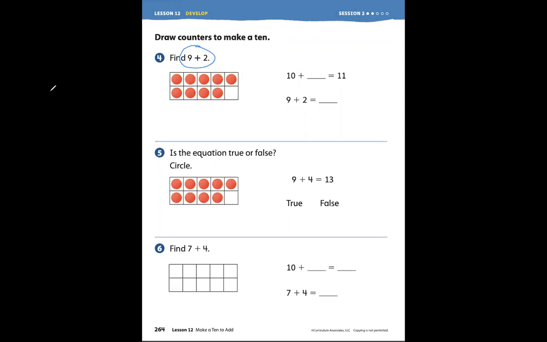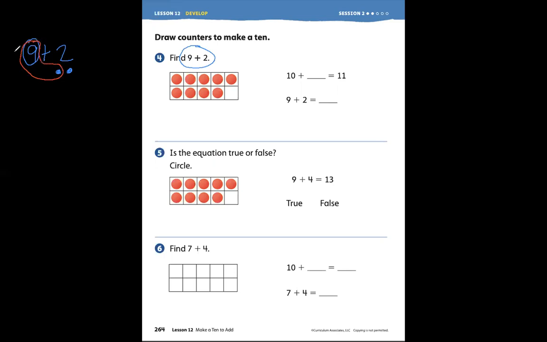Yeah. So on your whiteboard, you're going to write 9 plus 2. Underneath the 2, you're going to draw 2 dots because 9 is your greater number between 9 and 2, right? So we're going to count on from 9 up to the number 10, okay? So 9, count on 10.